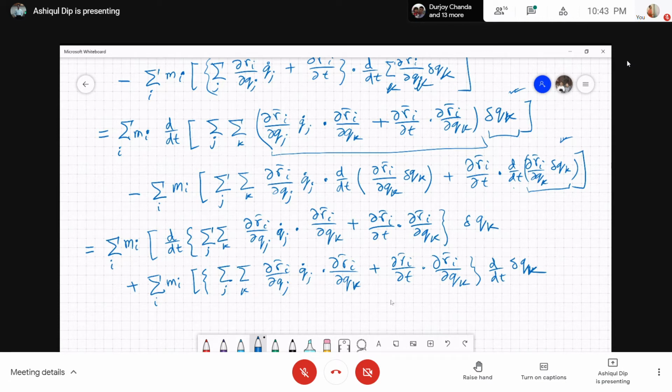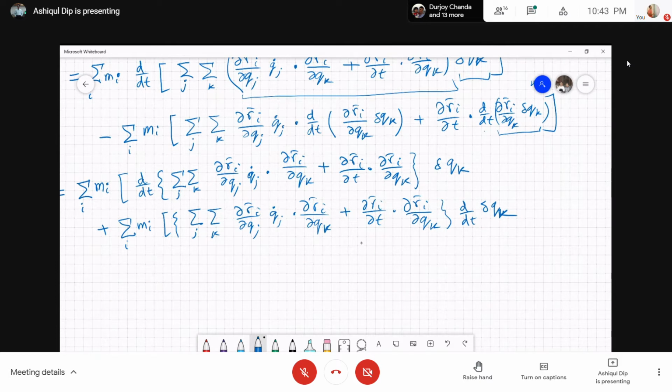So for the other one, let's write down the derivative of variation q_k first. If you expand this thing in product rule, one is the derivative of delta r_i over delta q_k, and another is the derivative of variation q_k. So let's write down the second term first. So it gives you sum over i m_i, then sum over j, sum over k, delta r_i by delta q_j, q_j dot d/dt of delta r_i by delta q_k.